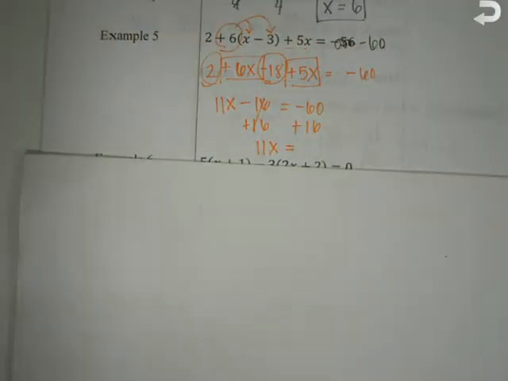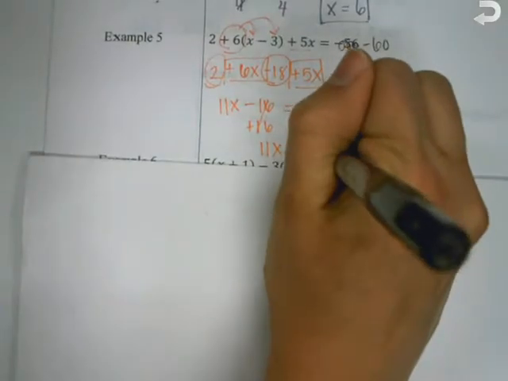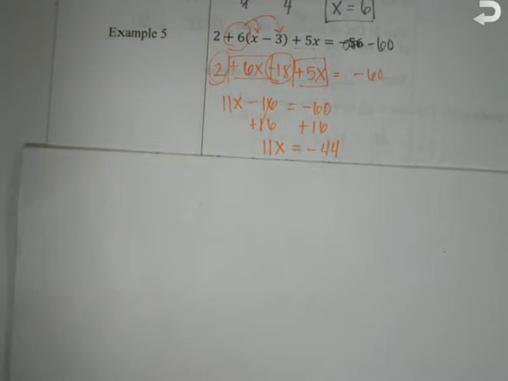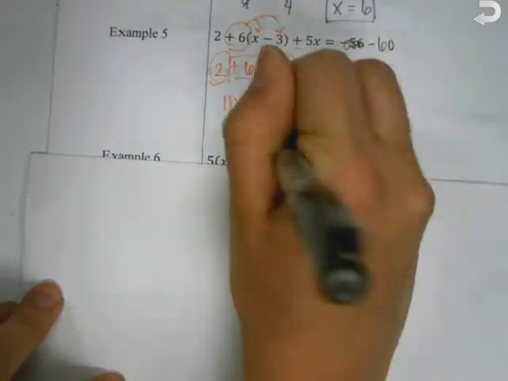Negative 44. See, it would not have worked out this nice if it was negative 56. Okay, negative 44, and then what? Divide by 11. So that gives me x equals what? Negative 4.